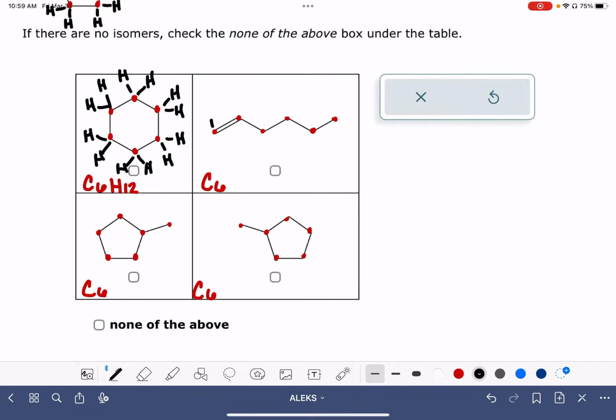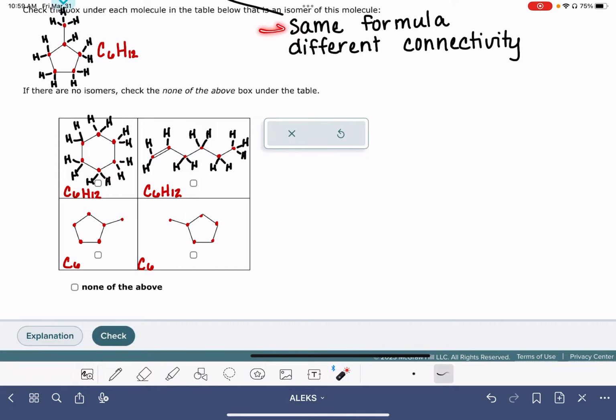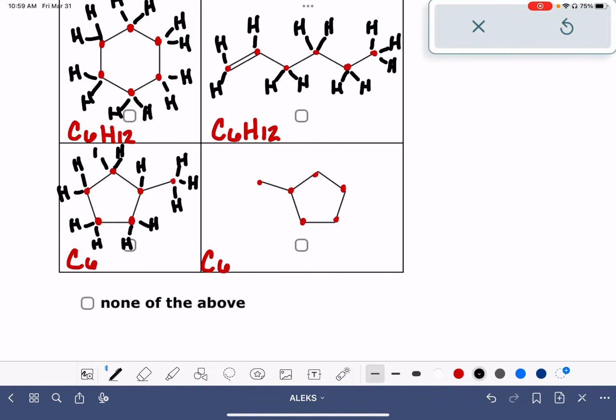The second molecule also has 12, the same formula, so again, possibly an isomer. It's not guaranteed to be an isomer, even though it has the same formula, because we're going to have to go through and look again at the connectivity. The last 2 that I have on here each have 12 hydrogens as well.